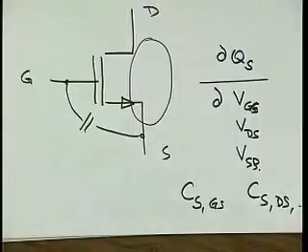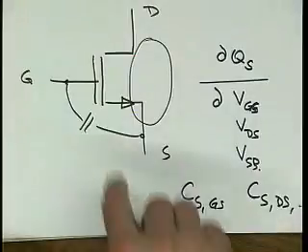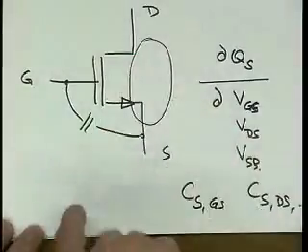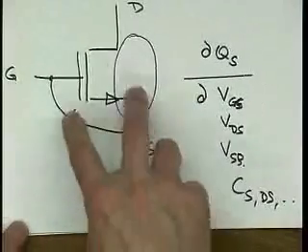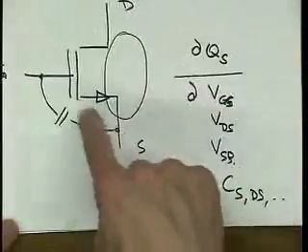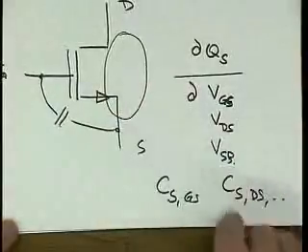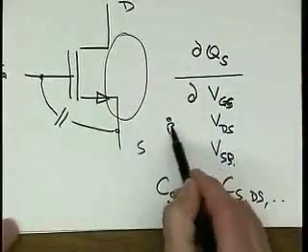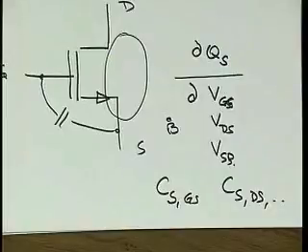I really define now a whole matrix. There are 3 terminals, and I also added the bulk terminal as another one, right? So then I have 4 terminals. I get 4 such charges, of which 3 are independent.